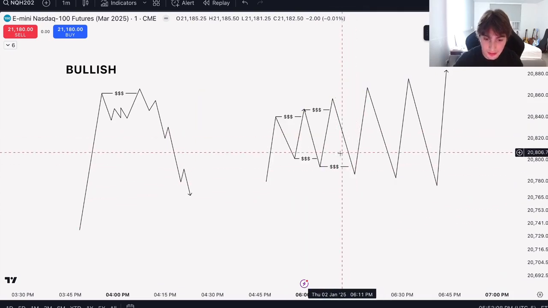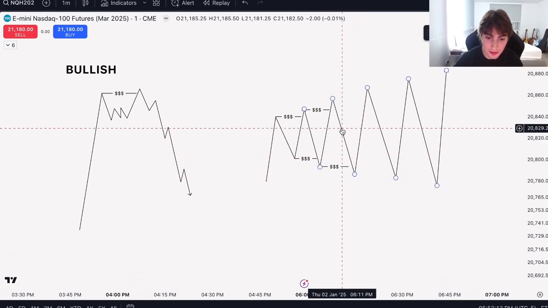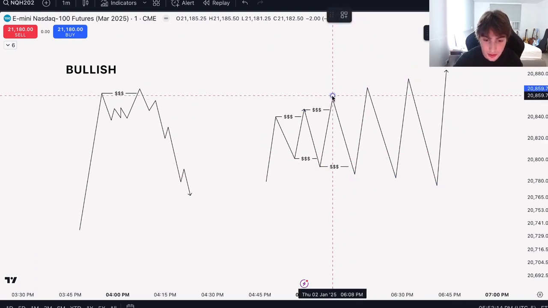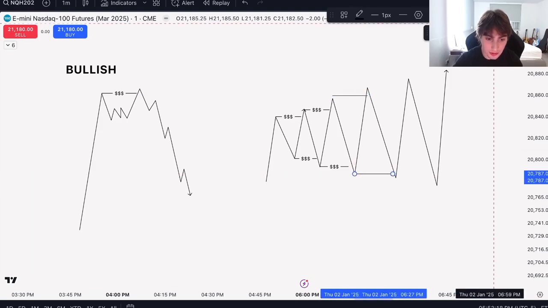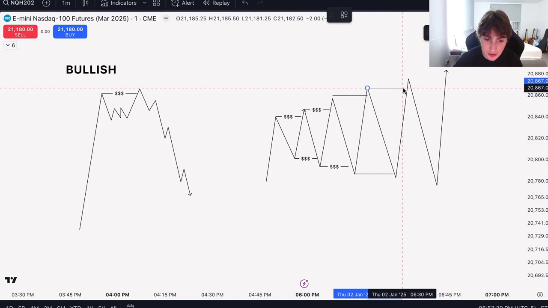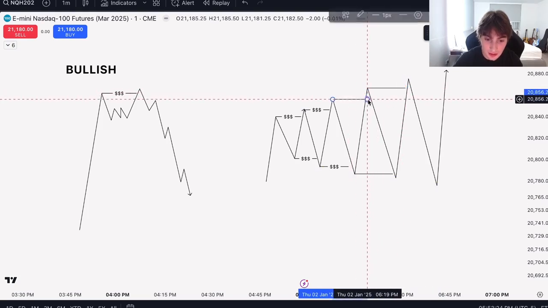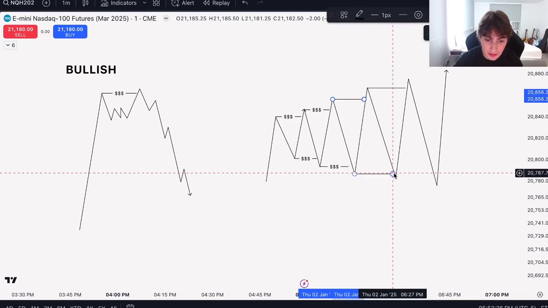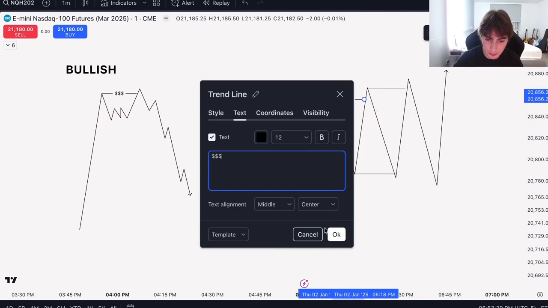Price trades higher, sweeps this liquidity, price trades lower. Now we have liquidity here. And so there's always going to be liquidity resting at these swing highs and swing lows. So being able to identify them is crucial because it helps you understand where price is going to go next, right? It's very simple, or at least I hope it's simple.